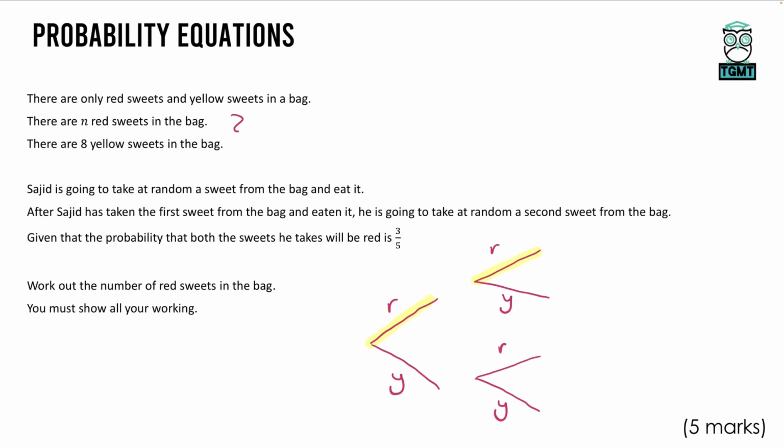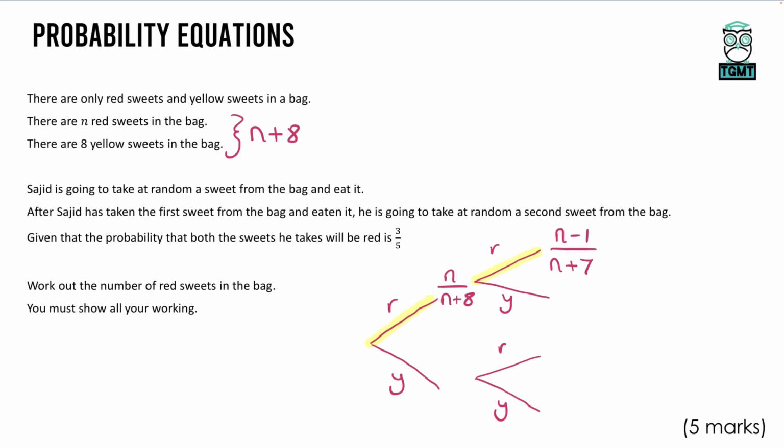So if we have n red sweets and 8 yellow sweets, in total, that is n plus 8. So our probabilities to start with will be out of n plus 8. So here we have red being n, so it's n out of n plus 8. If one of those red sweets is taken, then the numerator will go to n minus 1, and the denominator will go to n plus 7, as we've taken away 1 from the denominator as well as the numerator.